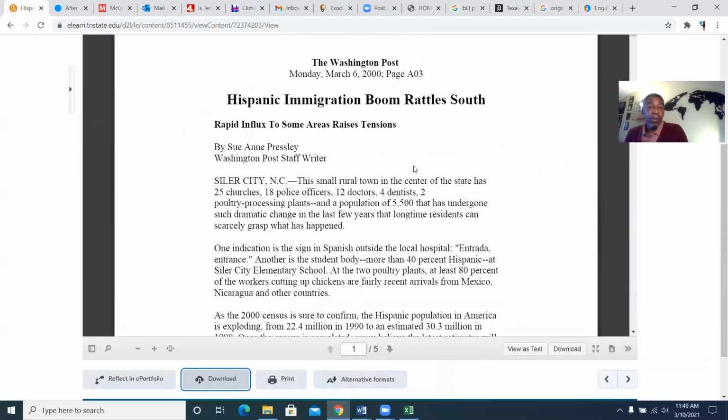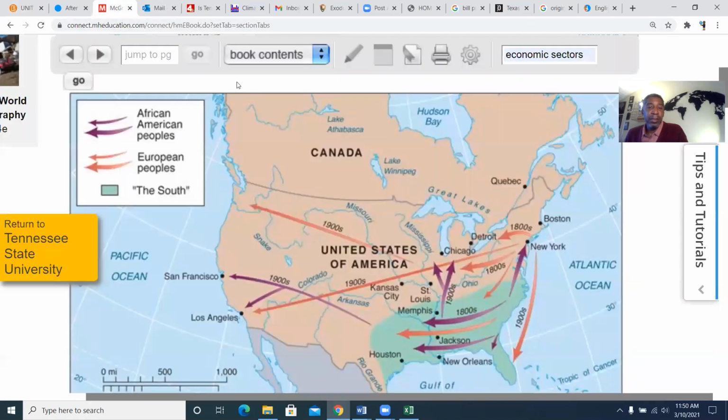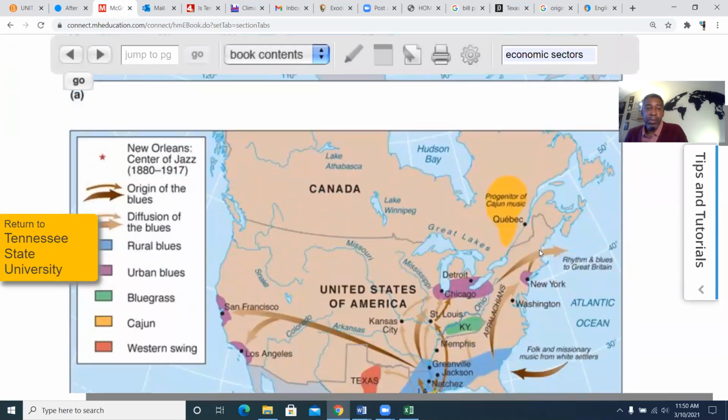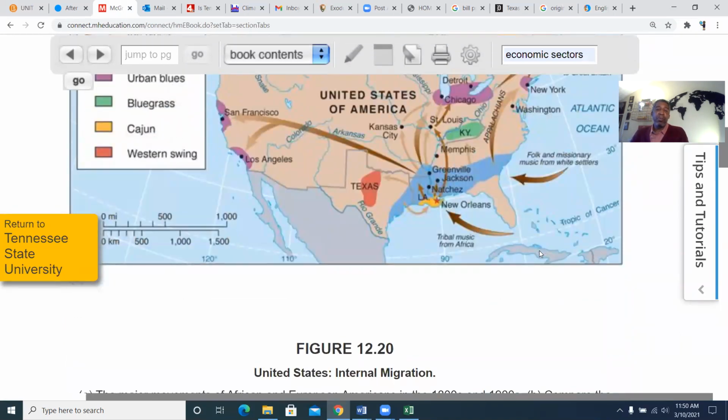Okay, let's look at another migration, internal migration, and that takes us to this map, figure 12.20b.